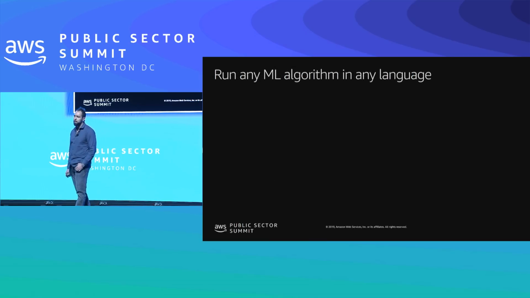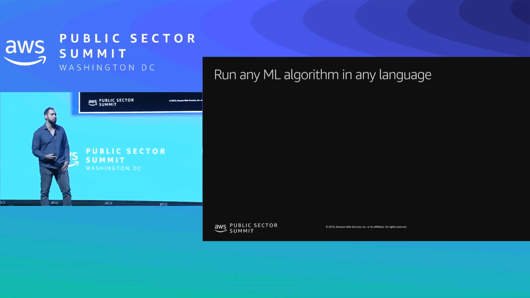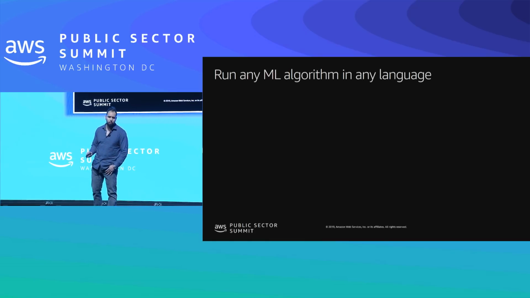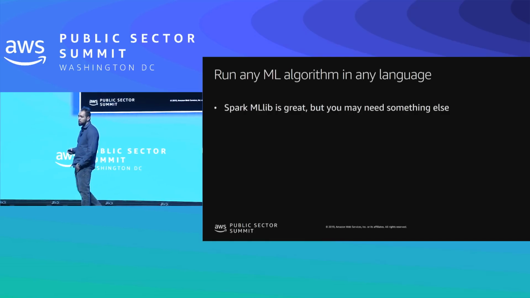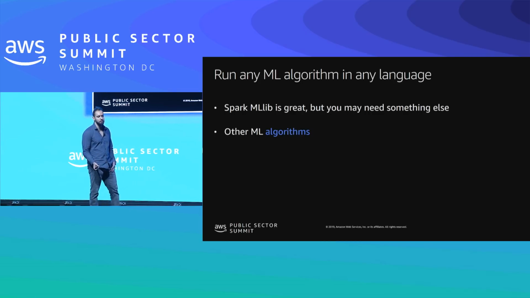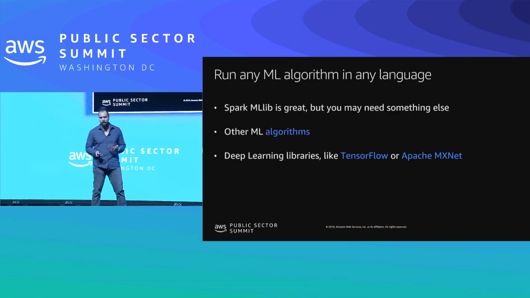Now, the second benefit of the integration of SageMaker and Spark is the ability to run machine learning algorithms in any language. The Spark machine learning library is great. However, you might need something else. In fact, you might need to run some ML algorithm that's not available directly on Spark. If you are using Spark with SageMaker, you have the ability to use a different algorithm.